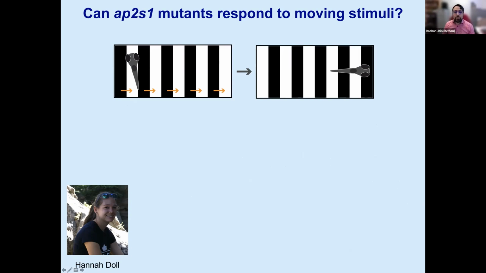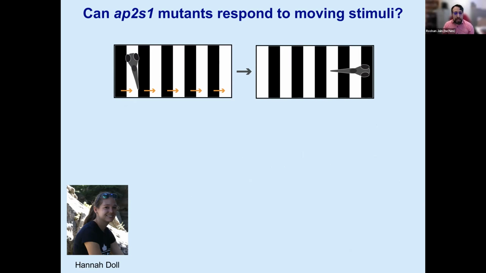And typically what the fish will do is they'll turn and start swimming in the direction of the moving stripes. It's thought to reflect what happens if a fish is getting swept away by the current. Their environment starts shifting away and they try to stay in the same place by moving in the direction that their environment's moving.